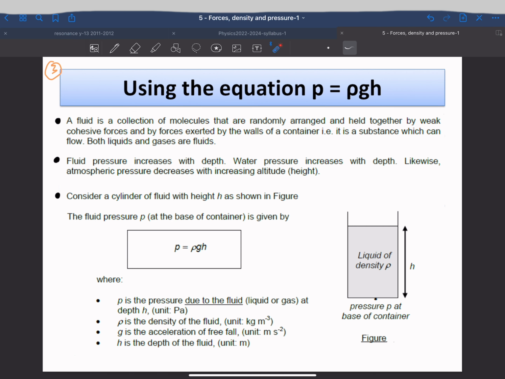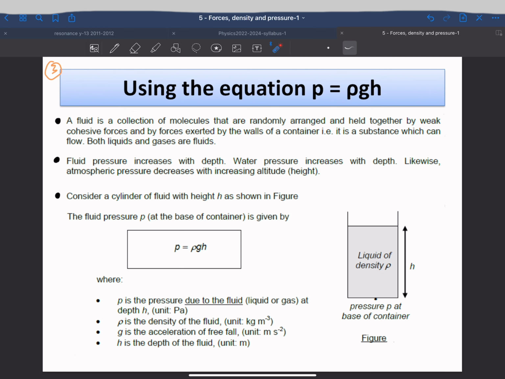Anything which can flow is a fluid. So simply you can say both liquids and gases are fluids. This is something you have already studied, but just to recall those points, we are emphasizing these points which we have studied. As you know, the fluid pressure increases with depth.